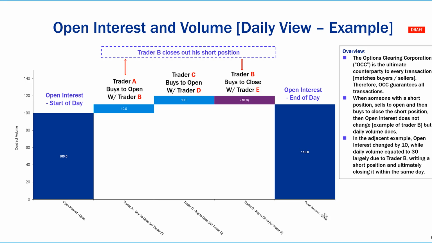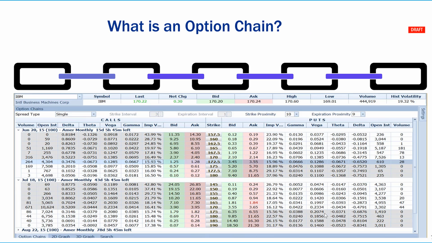And I can also track what the volume is, and look at what was bought to close and so forth. That gets a little bit more complicated, but as we move on into the next lessons, you'll see what I mean by that.